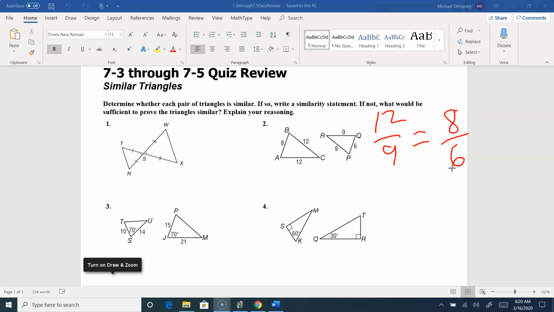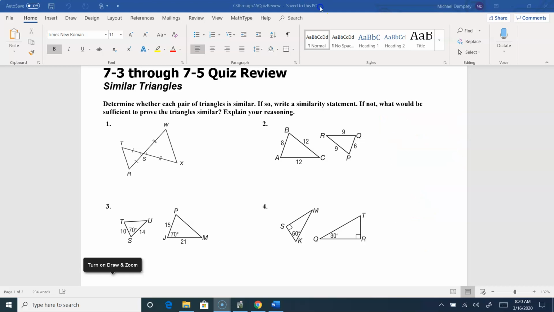So what I did, I took the bigger side in the bigger triangle, 12:9, and then the two smaller sides. They have to be the same proportion. If we simplify these fractions, 12 divided by 3 is 4, and 9 divided by 3 is 3, so this is 4/3, and if I divide both of these by 2, I get 4/3. So since all the sides are in the same proportion, 4:3, 12:9 is the same as 8:6. And if I did 12:8, I would see that I could do it that way as well.